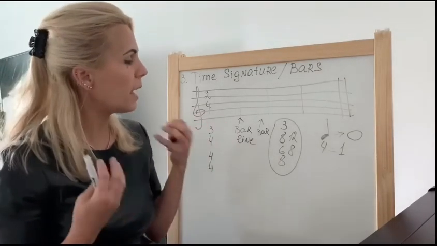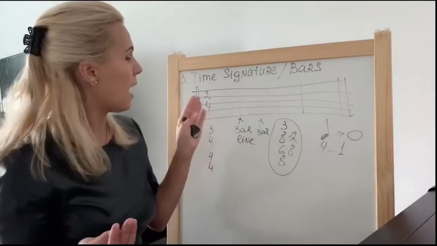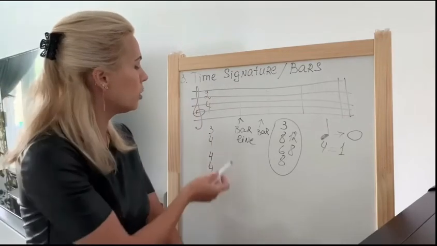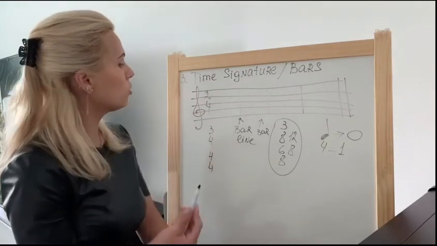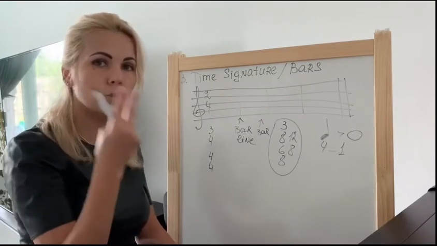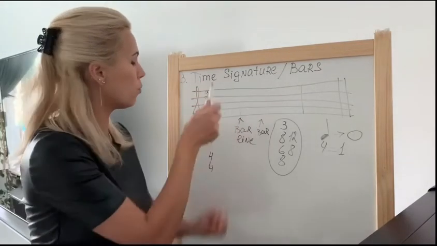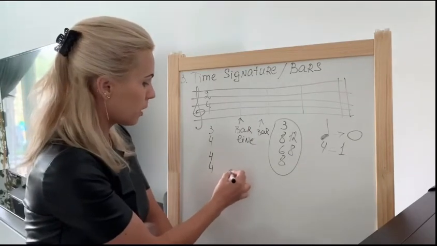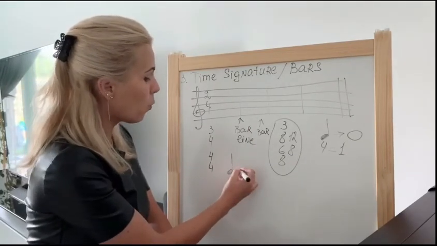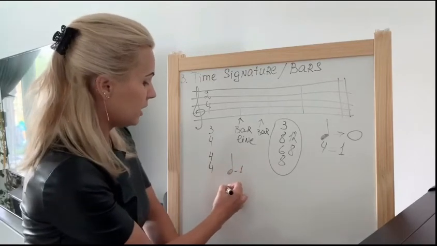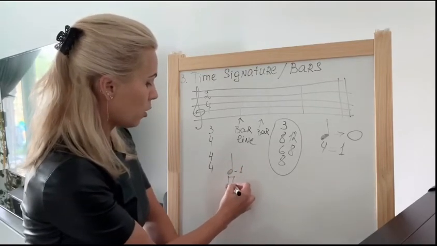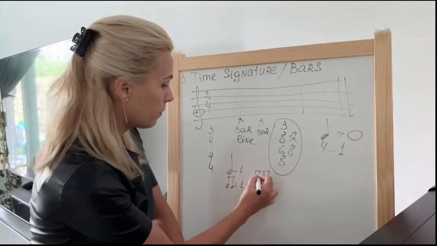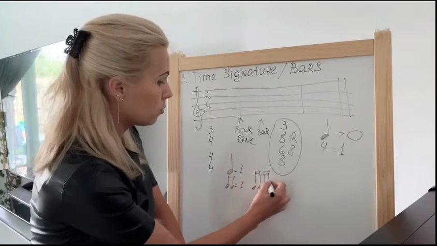To find those strong beats, we can find them as the first beat in your bar. For example, if you have 2/4, it means that you need to have 2 beats in one bar, in one box. My crotchet has 1 beat, my 2 quavers also have 1 beat, and my 4 semiquavers also have 1 beat.